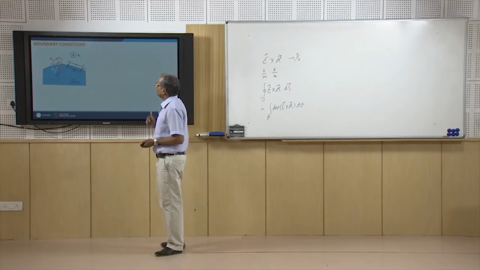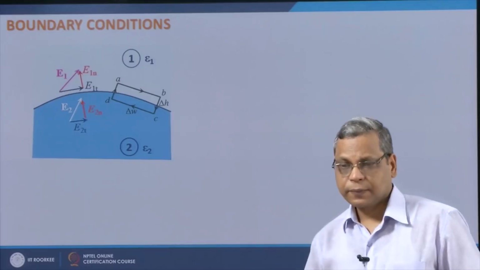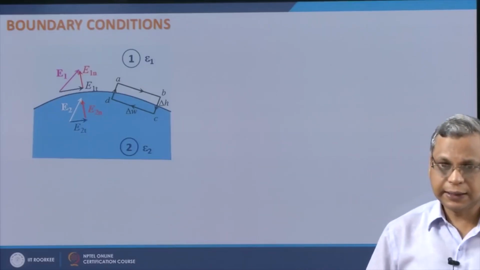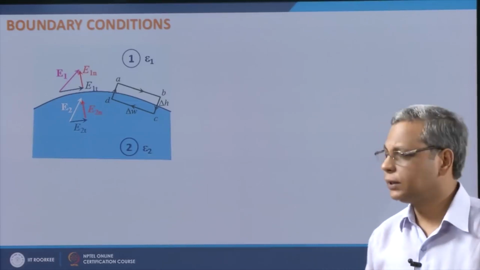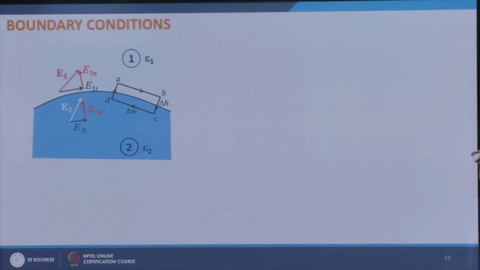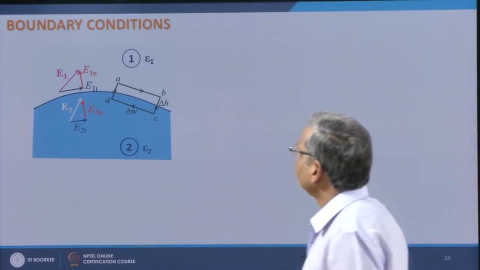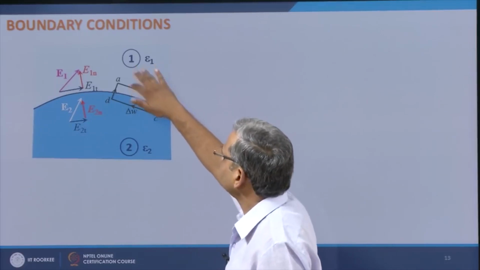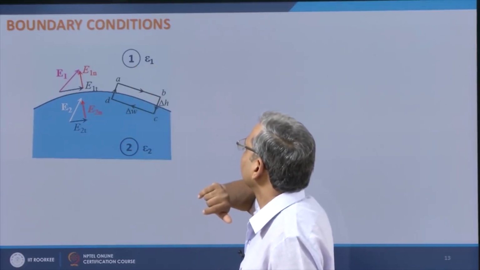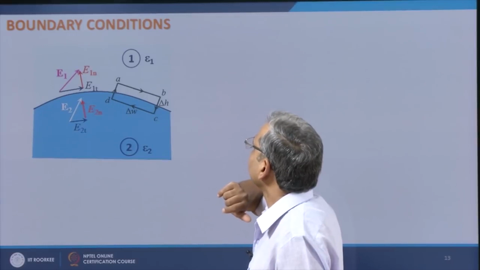Another useful thing, which we will use in our further analysis of optical waveguides and fiber, is boundary conditions. Okay, what are the boundary conditions? If I have two media, medium 1 and medium 2, these are dielectric media.